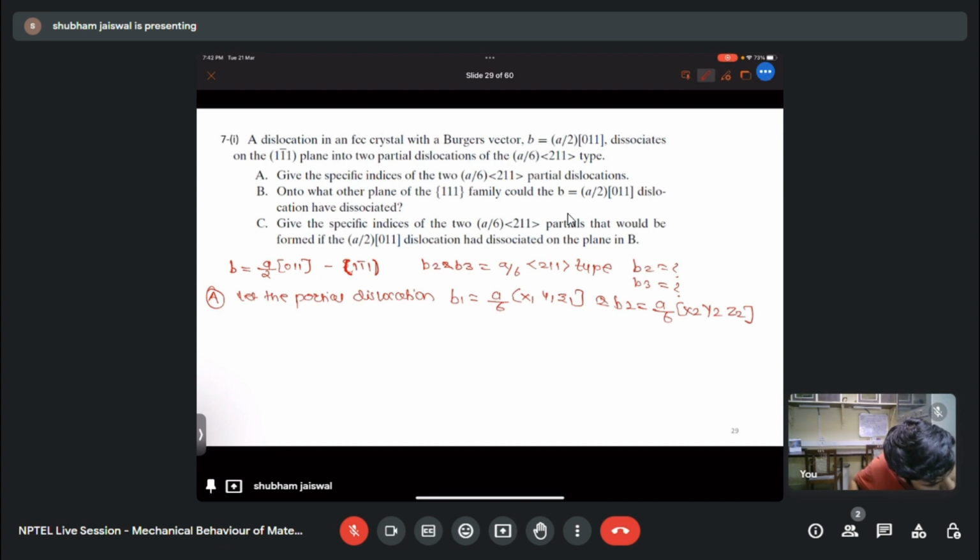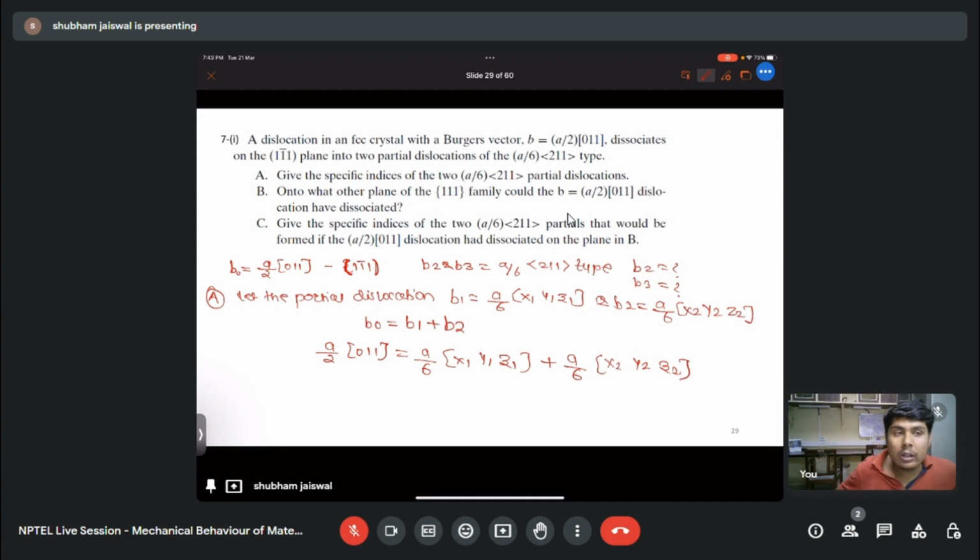We know that B naught equal to B1 plus B2, that is a by 2 0 1 1 equal to a by 6 x1 y1 z1 plus a by 6 x2 y2 z2. Till this point it is clear.